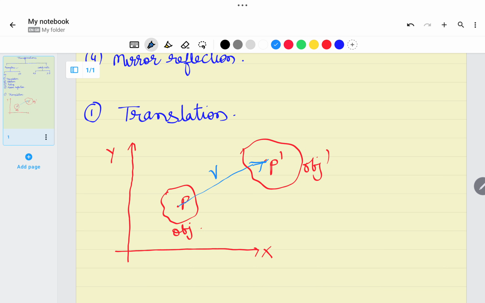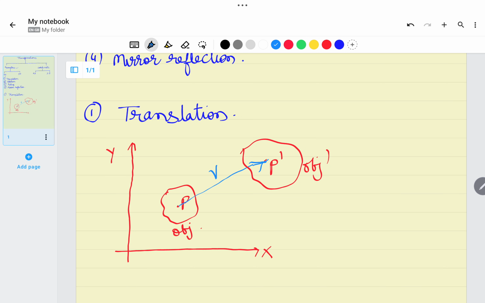Any object is composed of points. Let us say we have an object obj and point P is a part of this object. We will move this object along a vector v so that P is translated to P dash, and in the same way all other points are given the same motion, so the object becomes obj dash, the new position of the object. Similarly, the new position of point P is P dash.